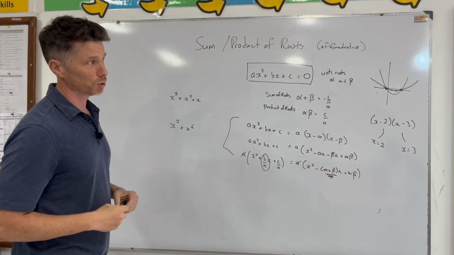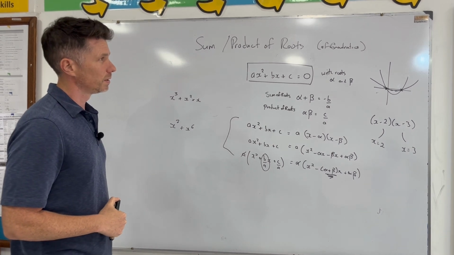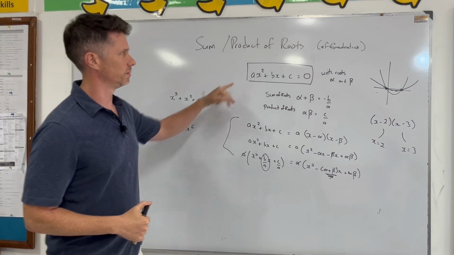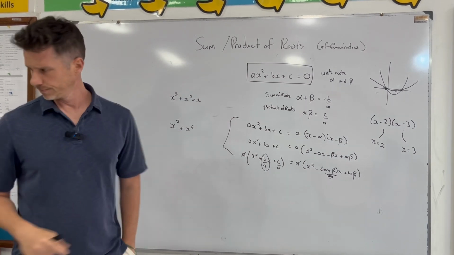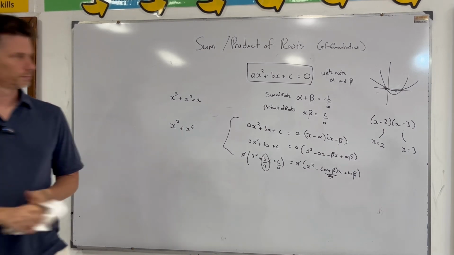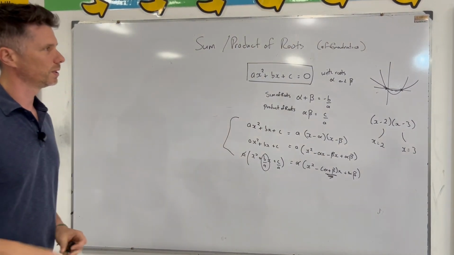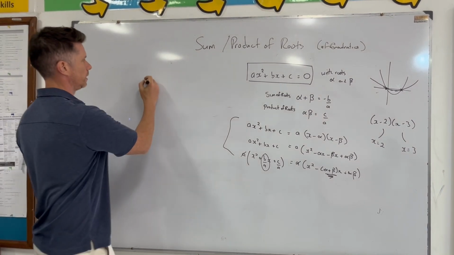Right. So how are we going to use it? How will we use it? So, yeah, sure. I think that is just what's there. So let's look at a question. I'll do it over here to the left, so we have this still here. So if we have a quadratic equation.